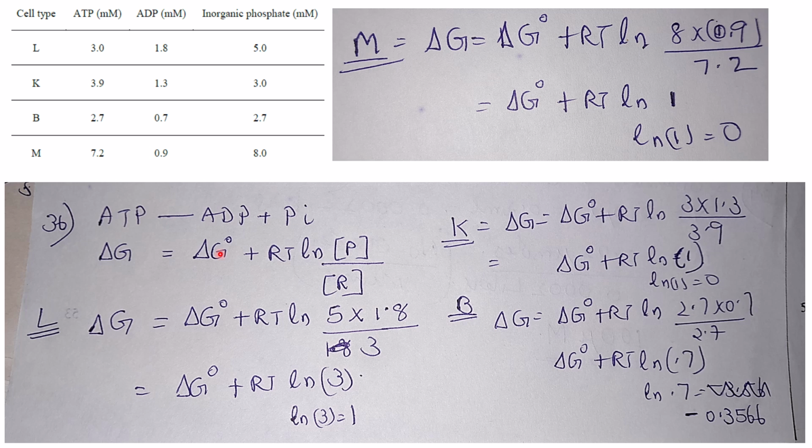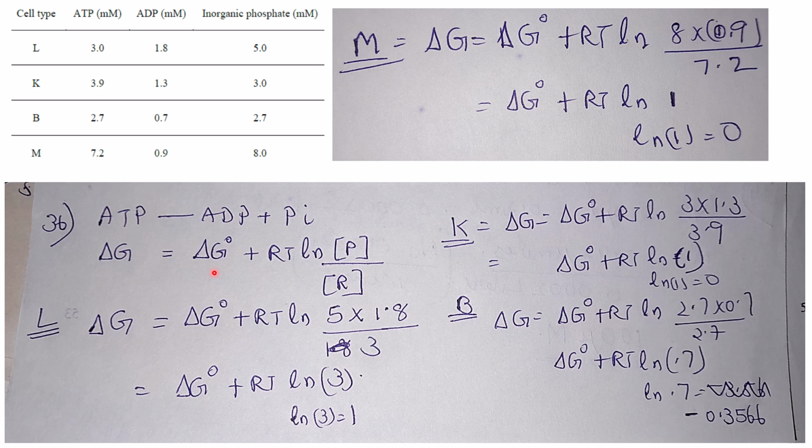If ln of concentration of products by concentration of reactants is a positive value, then delta G is going to be less negative than delta G0. Here it will be plus, here it will be minus, and delta G will be less negative than delta G0.